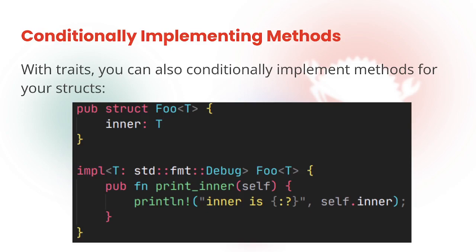I think Result expect is only defined on Results where the error implements Debug, because expect prints the error message out. So that's interesting. Unwrap maybe also does that. Wait, how is this conditionally implemented? You put the bound on the impl.